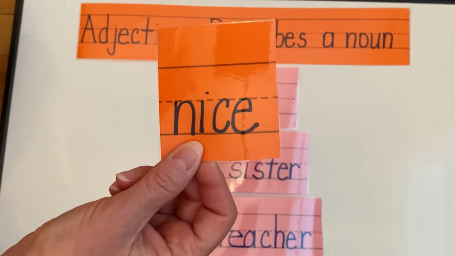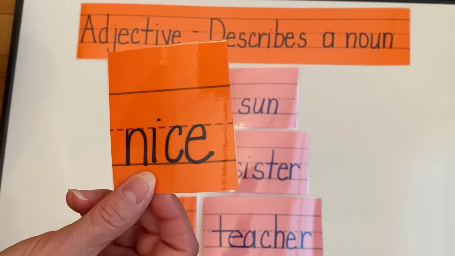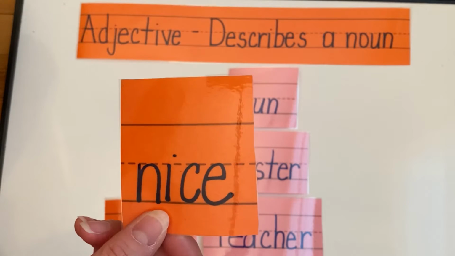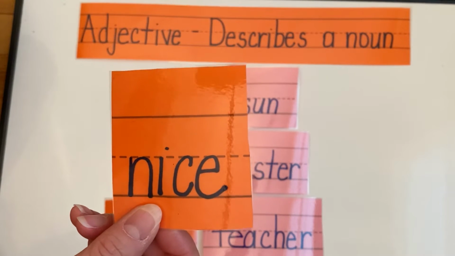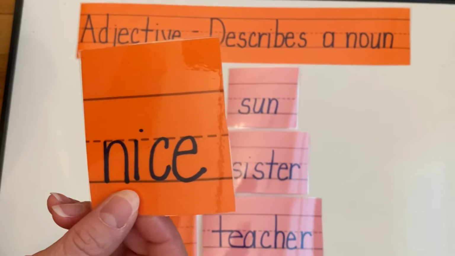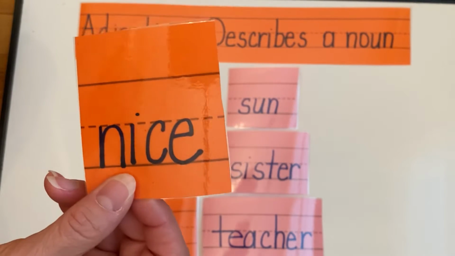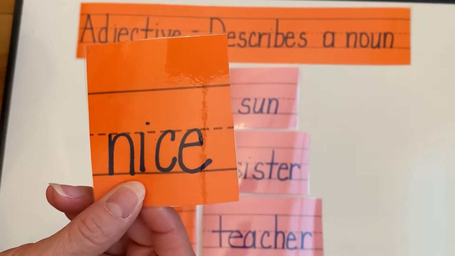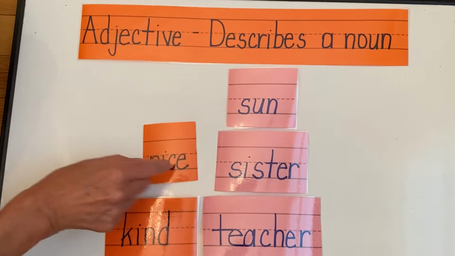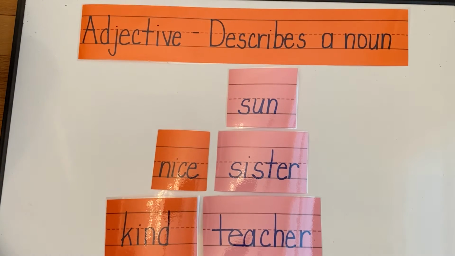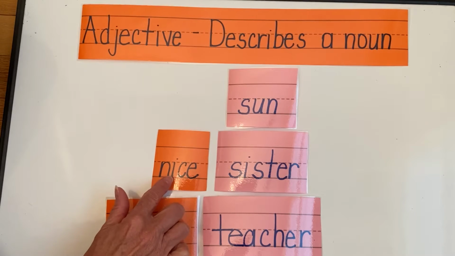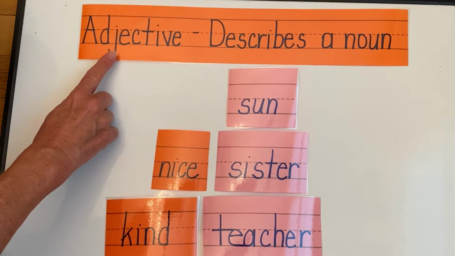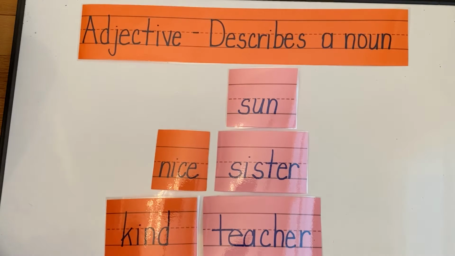What about the word nice? If you're kind and nice, friendly, all of those words could describe your sister. The word nice is an adjective that describes sister.